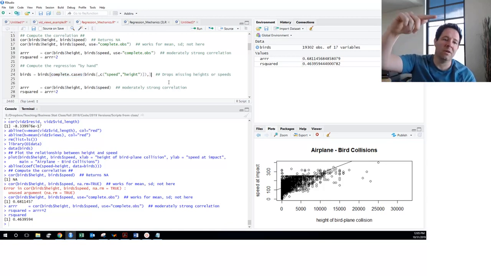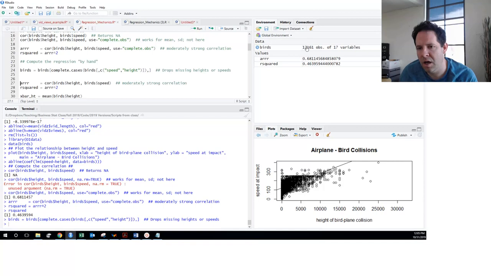If you give a data set TRUE/FALSE values in the row position, it'll just drop any of the observations. You'll see our number of observations went down to 12,161 from something like 19,000. So we had quite a few missing bits of information.